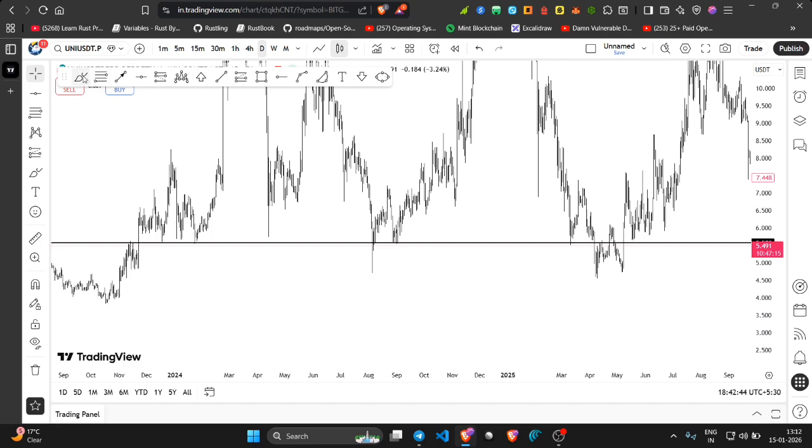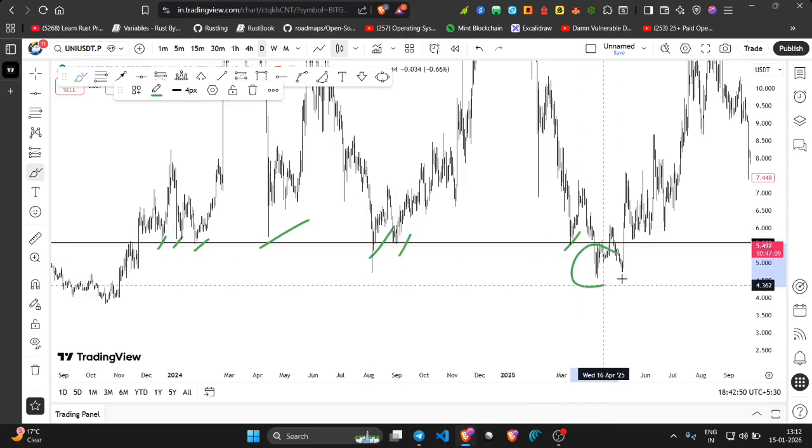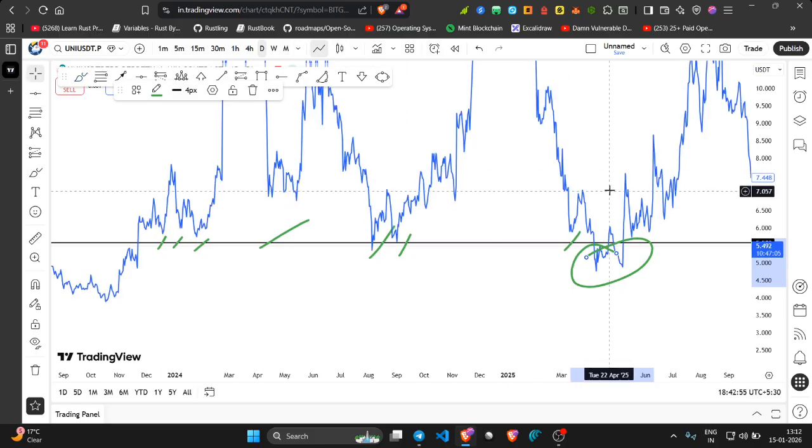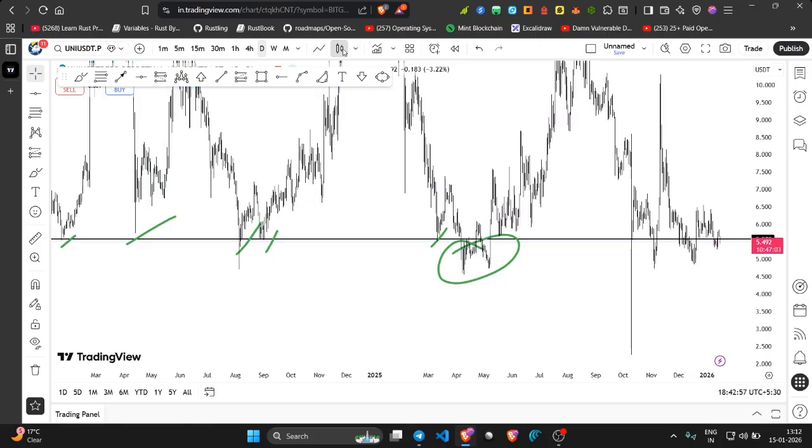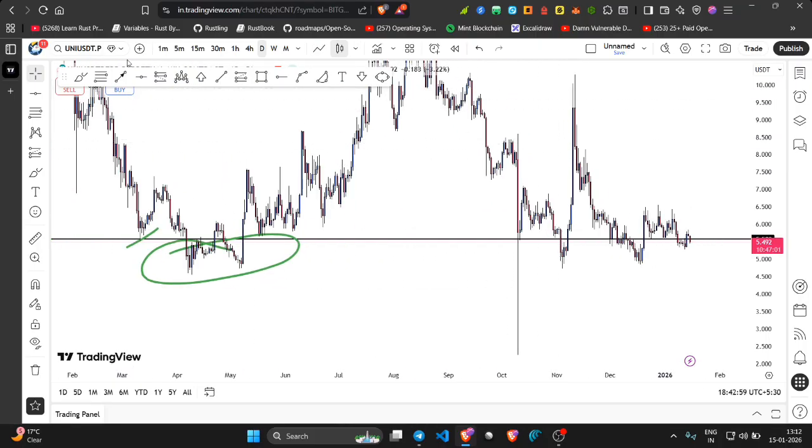You can count the touches: 1, 2, 3, 4, 5, 6, 7. It even gave a good breakdown, but the market went upside because the market is supreme. So it has around 6 to 7 or even more touches.